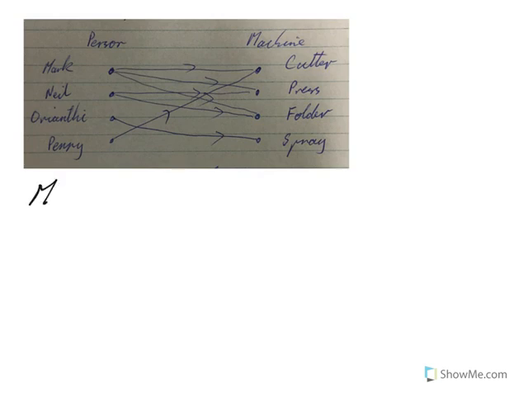The next thing was we make the allocation. Now, while we're making the allocation, the key things we look for: is there any person that is best doing one thing, or is there any one particular thing that needs a person?